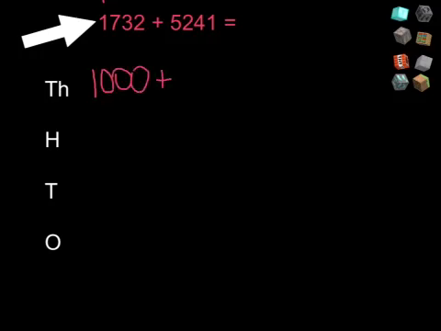Plus, in the next number, my thousands column is 5,000. Now, that's a count-on strategy. 5,000 plus 1,000, I just have to put the 5 in my head because it's the biggest number and add on the 1 with the zeros on the end. So 5,000 plus 1,000 equals 6,000.